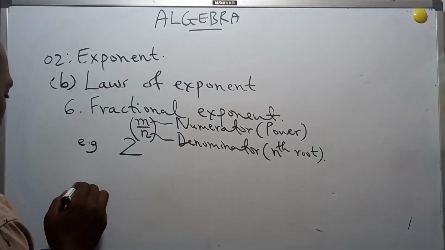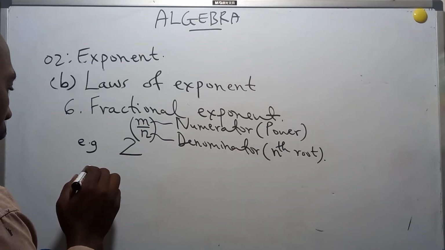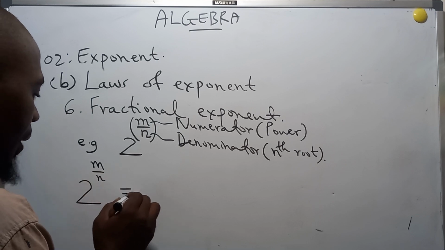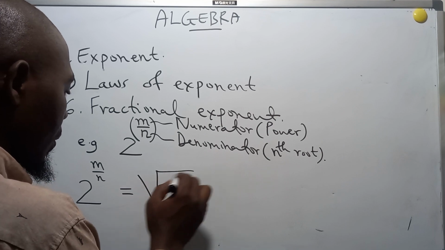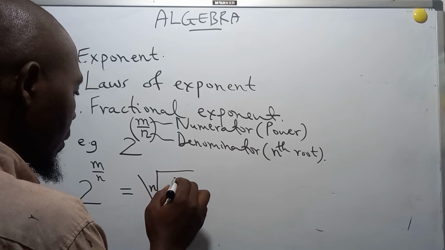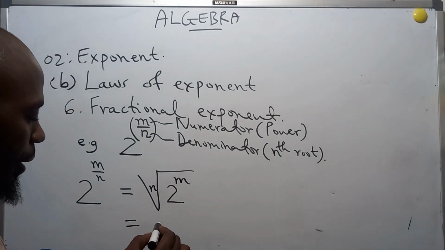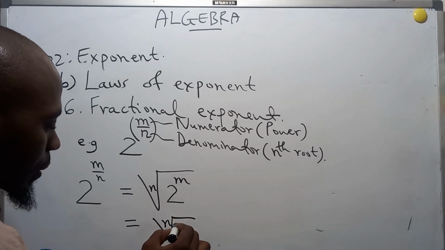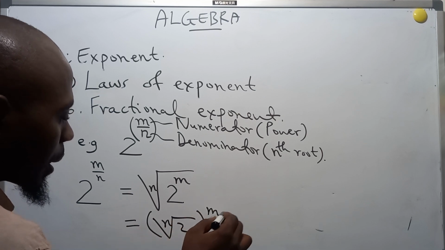So, when I write 2 raised to the power of m over n, this is the same as to write the nth root of 2 raised to m, or is the same as to write the nth root of 2 altogether raised to m.